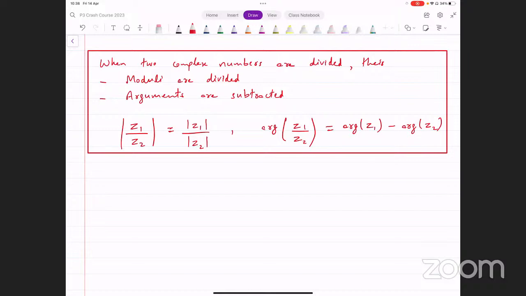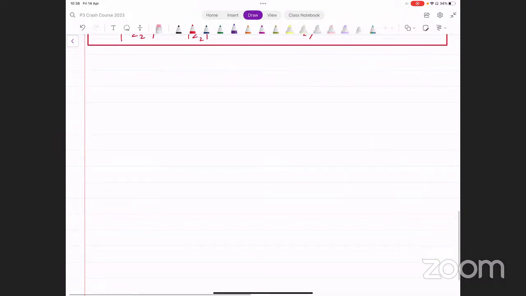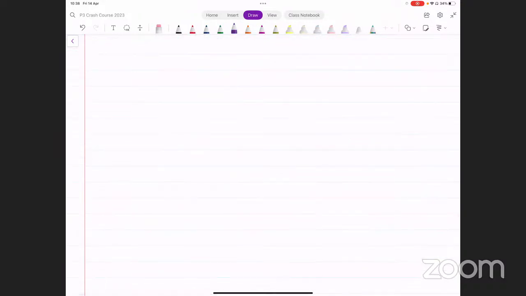Let's start with one example. In fact, before we actually do a question, let me do this for a simple case to make sure that you understand this well. So let's say we have one complex number that looks like this: 3 minus 4 iota. This is one complex number.